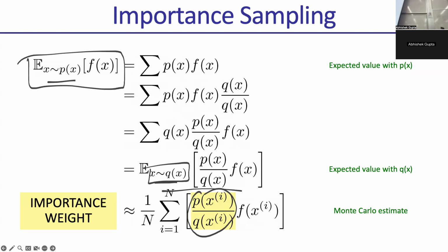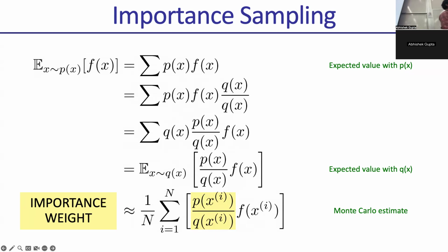Okay. When is this not going to work? Are there conditions where this importance weighting doesn't work? Just look at this P over Q thing. When does this become degenerate? When Q is 0, yeah.